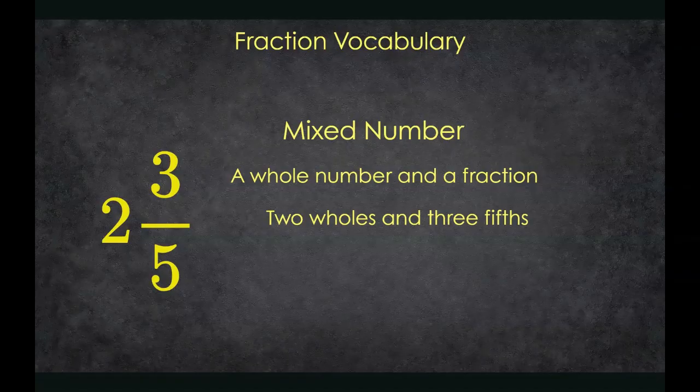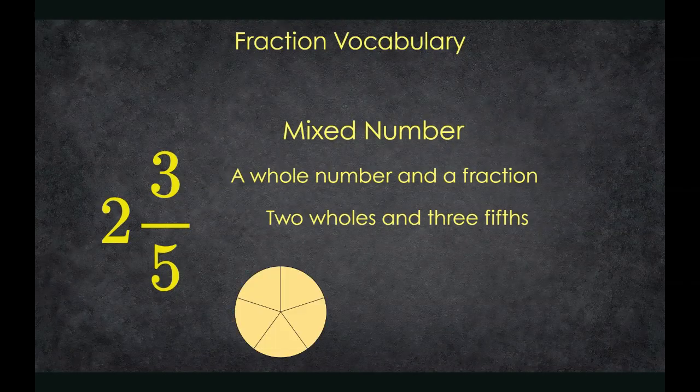So I want you to imagine a circle or a bar, and it's cut into 5 pieces. I know it's cut into 5 pieces because the denominator 5 tells me the total amount of parts. Of those 5 pieces, all 5 are shaded in. When we have 5/5, that represents 1 whole.